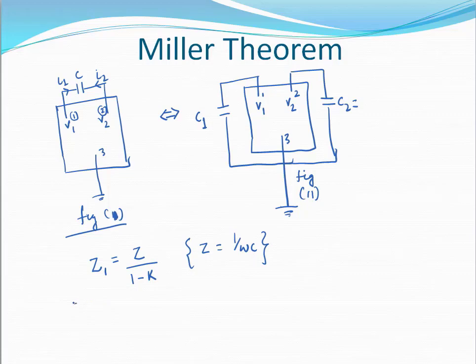So here we will get 1 upon omega C1 equals 1 upon omega C times 1 minus K, and omega on both sides will cancel out. So what we will get here is C1 is equal to C times 1 minus K.